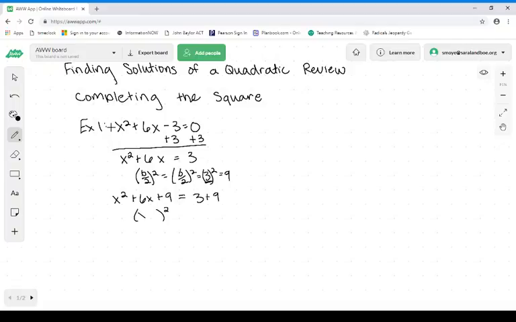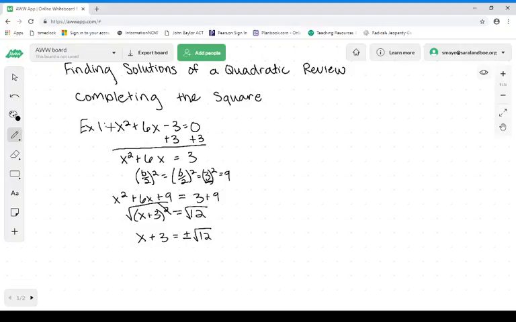So we're going to have x plus 3 as my binomial that is being squared. X plus 3 squared equals 12. At this point, I have the binomial being squared. So to get x, we're trying to get x to be just this linear equation. I can take the square root, because the squared and the square root cancel out. We get x plus 3 equal to plus or minus the square root of 12.